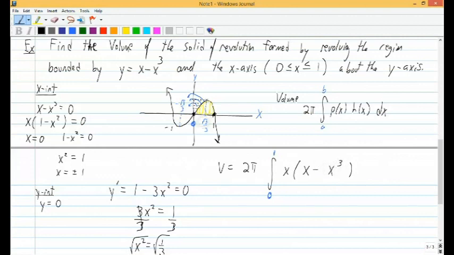We could plug in a square root of 3 over 3 if we wanted to and figure out the height right there. That would require a little bit more work. But just looking at it, on the left side and on the right side, we have a height of 0, and that works out in our formula. So we have it set up right. Okay? So then we just have dx.